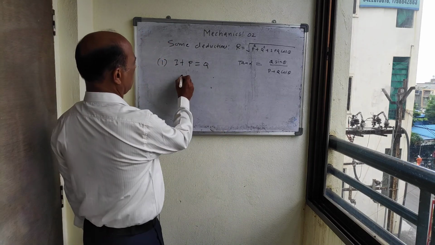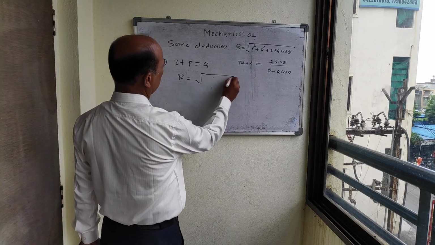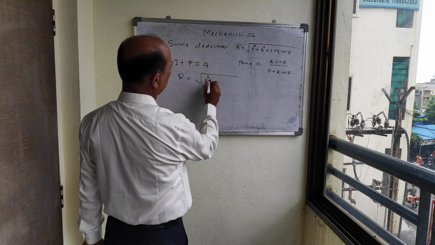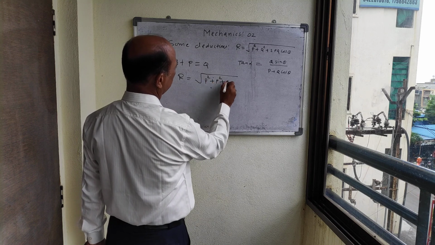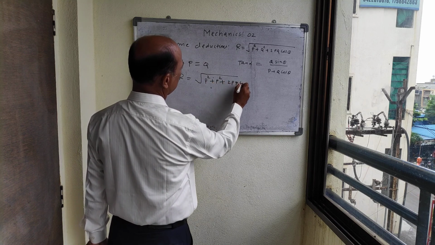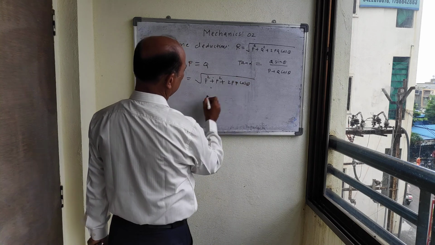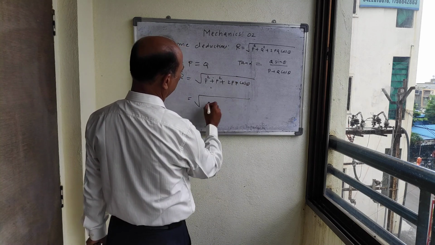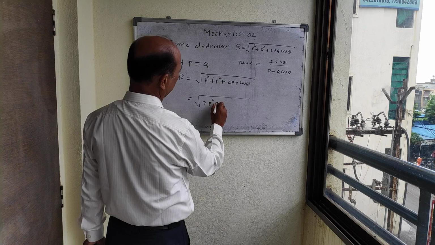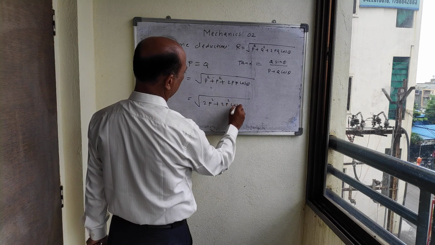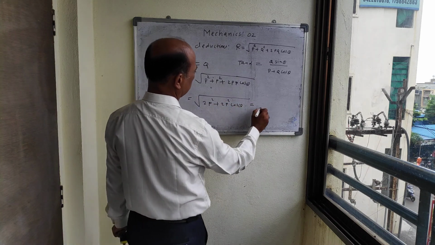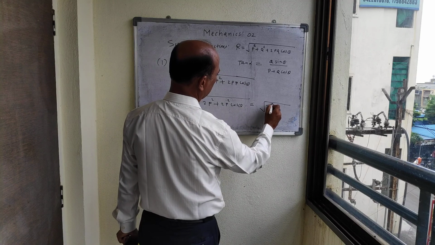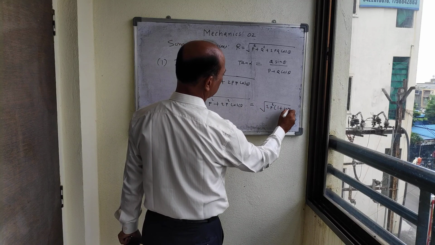Then R is equal to under root of P square plus P square plus 2PP cos theta, that is under root of 2P square plus 2P square cos theta, that is under root of 2P square into in bracket 1 plus cos theta.